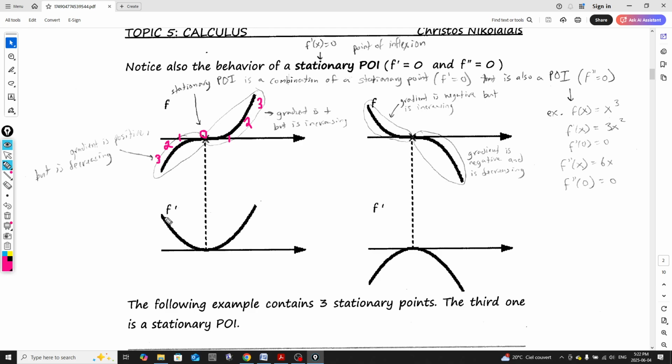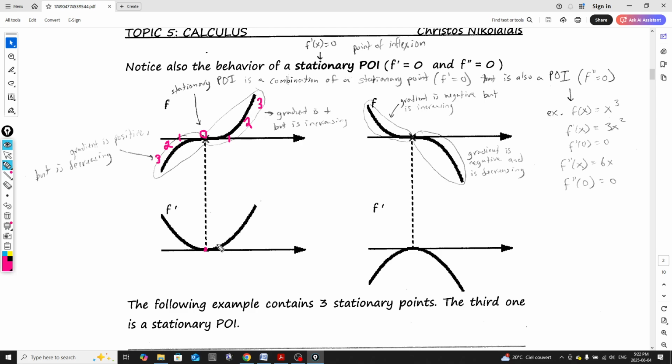Sorry, I said it was a minimum, but it's also a root, because here you go 3, 2, 1, 0, so you're going onto the x-axis. This right here is a root of 0. This is one of those curves that just touches the x-axis. So there you go, you've got a root on the x-axis.